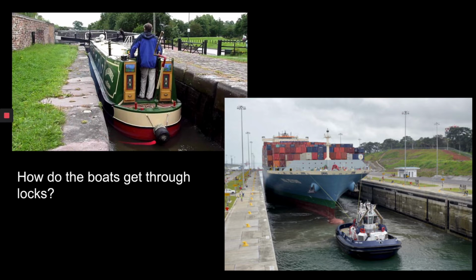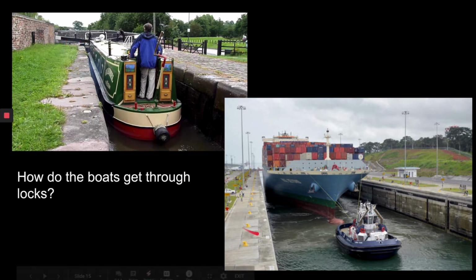In the UK, in our locks, someone would get off the boat and they would have to move these big paddles, and they do that by hand. Do you think that people can move the gates in these canals? No, they can't do that. They're way too big. Also, they have tugboats that pull the boats through the canal, but those tugboats aren't needed for the narrow boats in the UK.